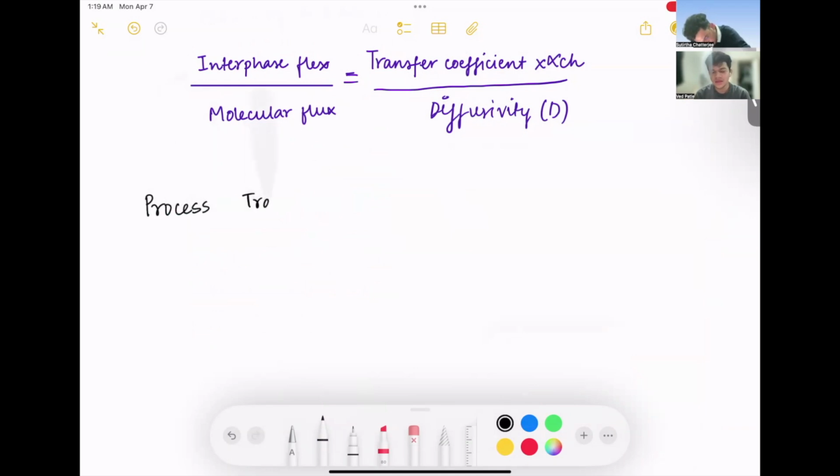Our second headline is transfer coefficient. Our third headline is diffusivity. And our fourth headline is interface phase flux upon molecular flux.